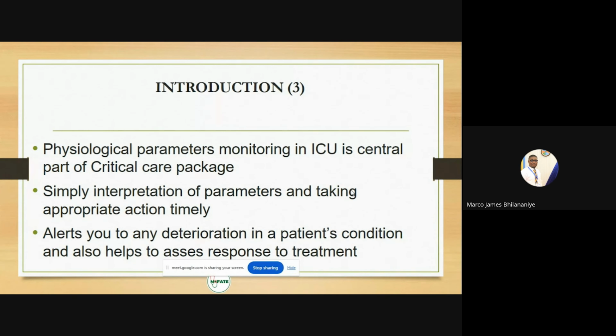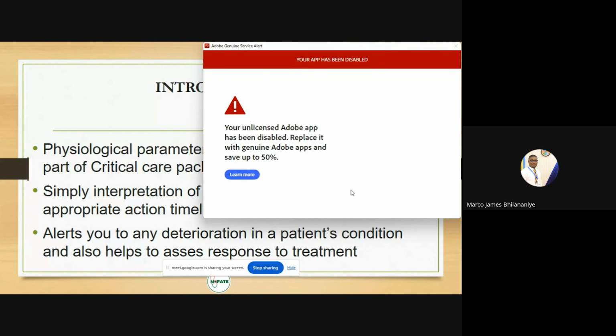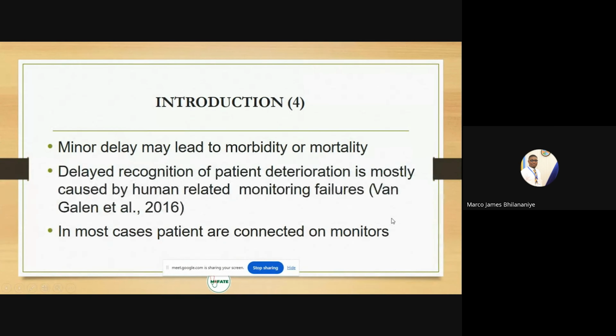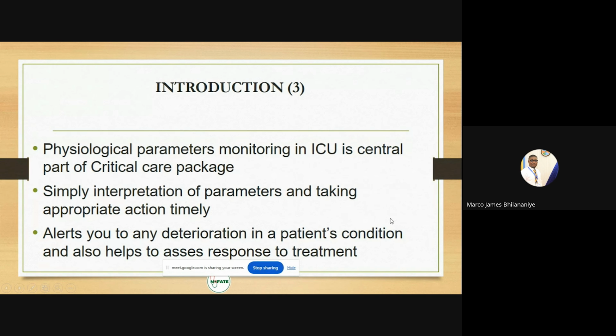Consultation is intervention. The physiological parameters alert you to the deterioration of the patient's condition and help to assess the response to treatment.